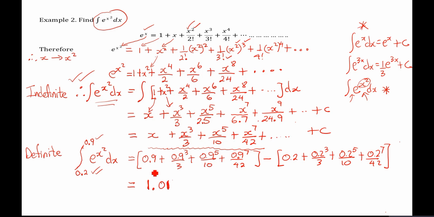So just to recap on this one, this is the upper bound that you've substituted minus the lower bound value of 0.2. Use your calculator to generate your final answer. Right, so at this stage we can say, yes, I can use differentiation and I can use integration as a tool to find terms that I cannot differentiate normally or I cannot integrate normally.